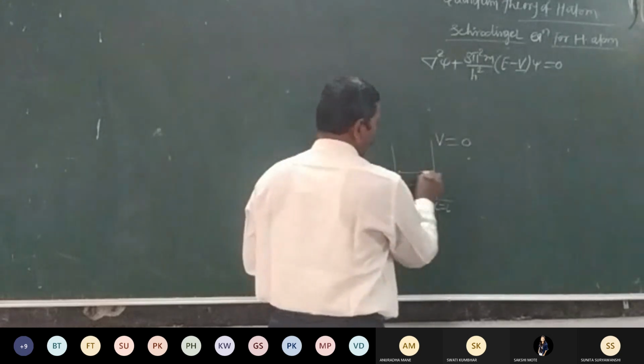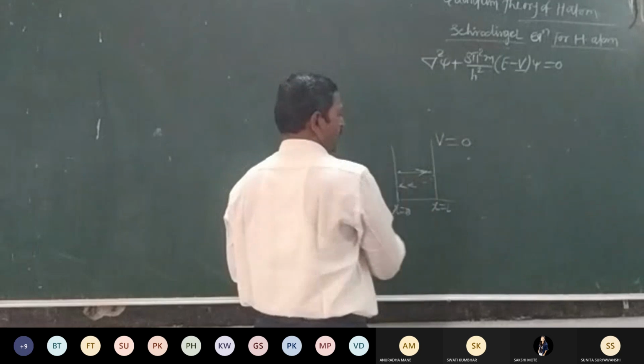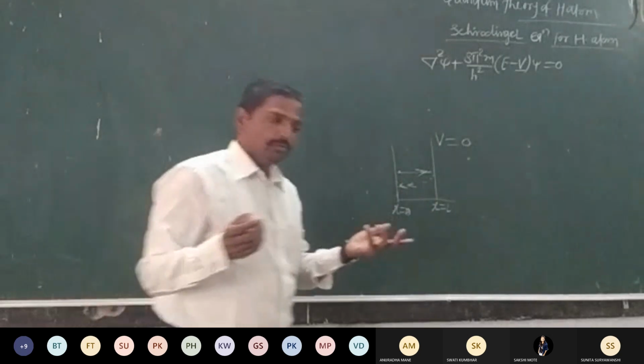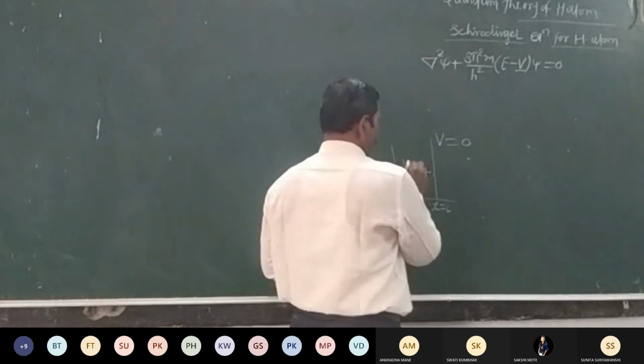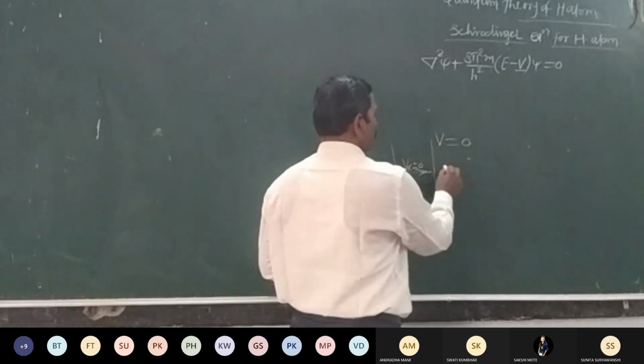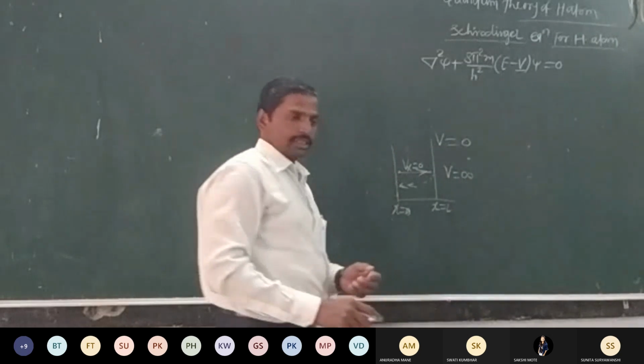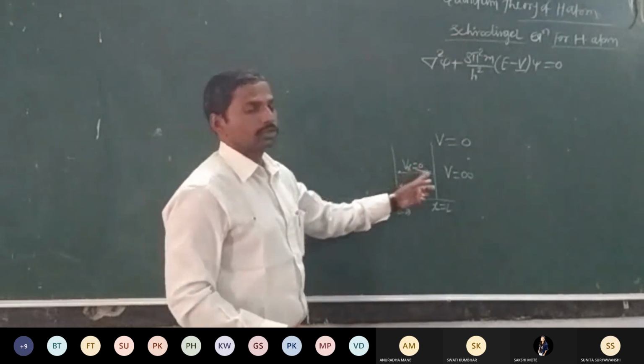It can move along the positive or negative x-axis only. It doesn't have any other direction. So we take V(x) equal to 0, and V outside the box is infinity.